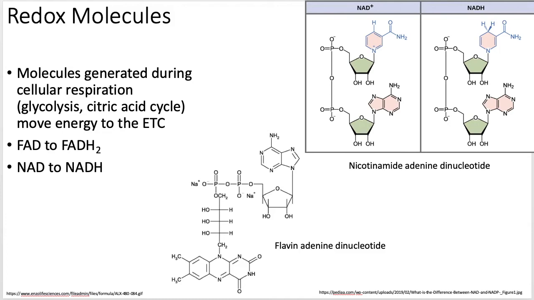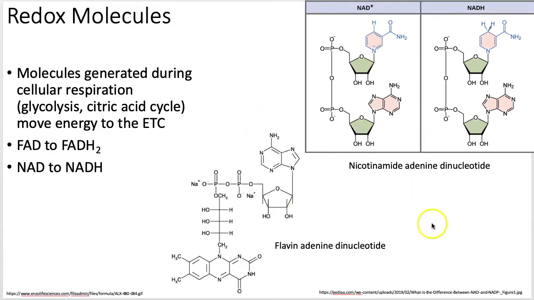So we're going to reduce FAD and NAD to FADH2 and NADH respectively. That occurs more often in the citric acid cycle. You do get a few NADHs out of glycolysis, but FADH2 and NADH, generally we get those out of the citric acid cycle. And then we're going to follow those to the electron transport chain.